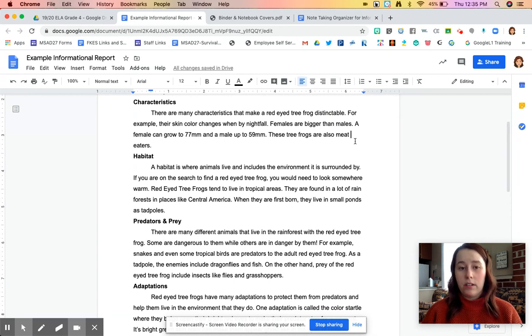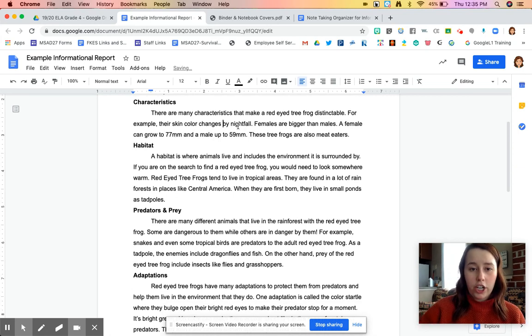For example, their skin color changes by nightfall. Females are bigger than males. A female can grow to 77 millimeters and a male up to 59 millimeters. These tree frogs are also meat eaters.